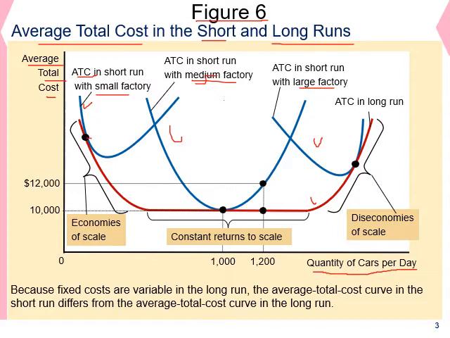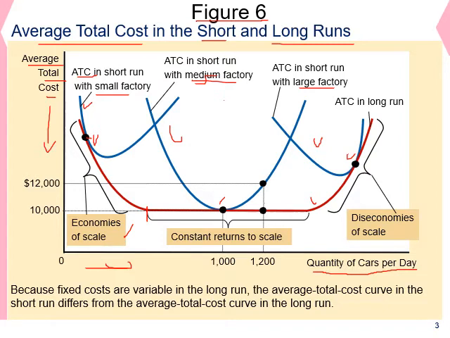The long run average total cost intersects with the short run right here at the minimum. You can see that the first period up to here, we call economies of scale, meaning that if you increase output, average total cost will decrease.